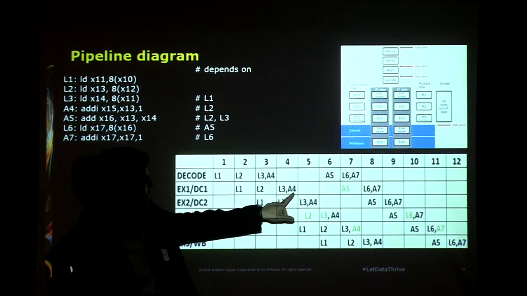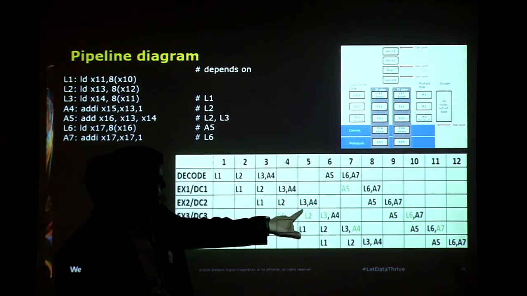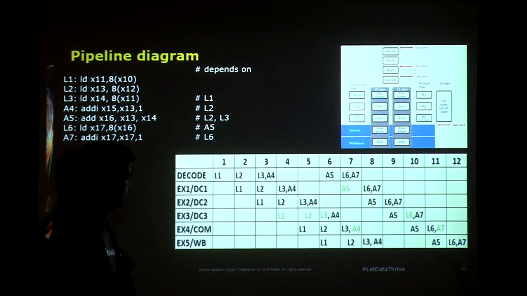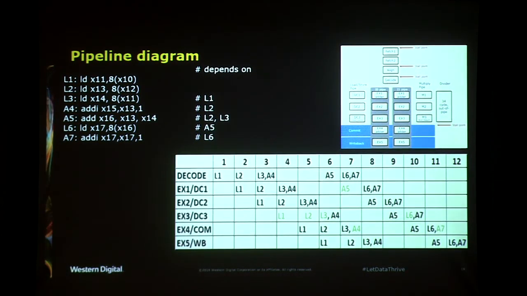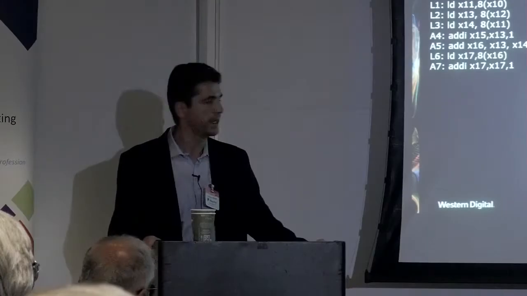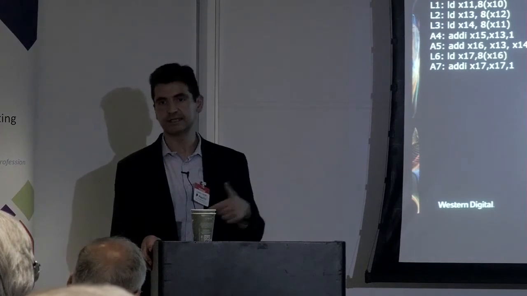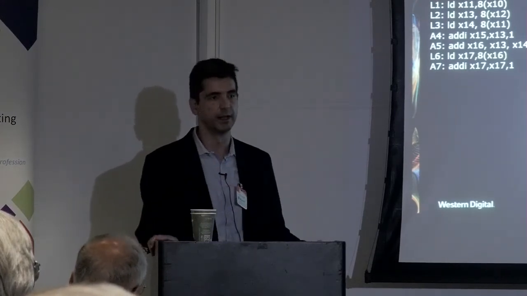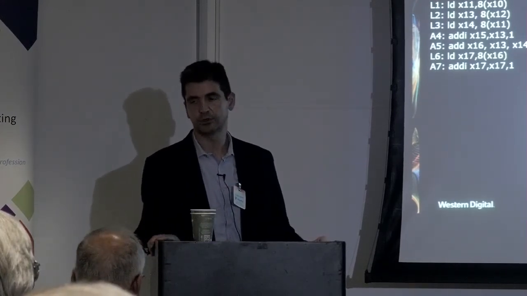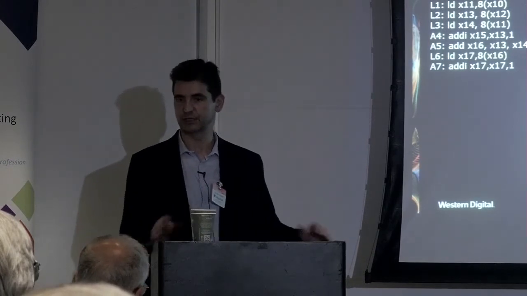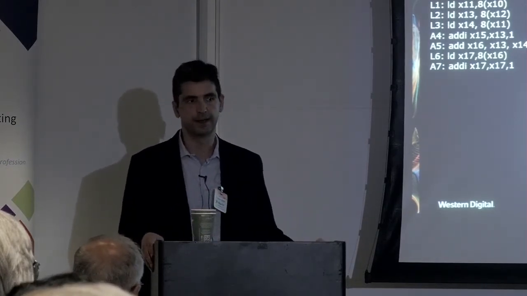You were not able to do A4 here, but you're able to do A4 with your second chance, because by the time you get to that second execution unit, the X13 register has been loaded. And this is the niceness of this dual execution with some kind of spacing that corresponds to the actual load-to-use.